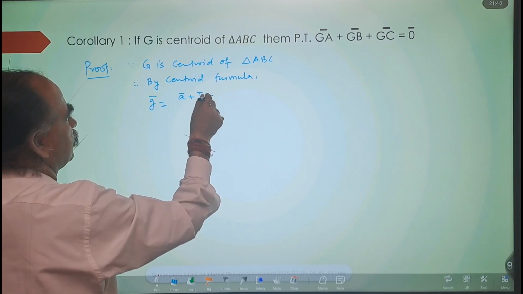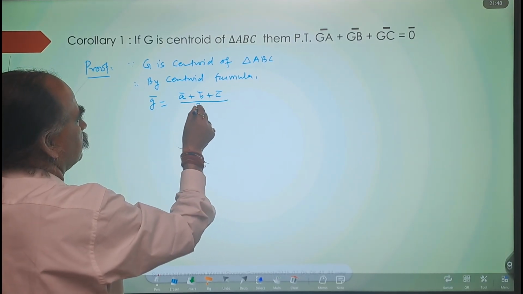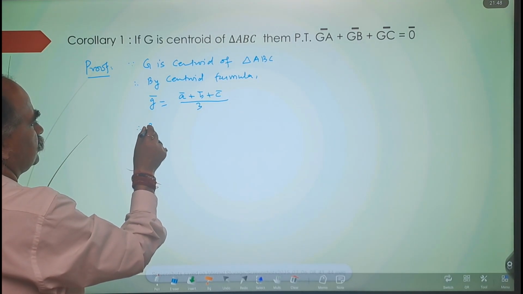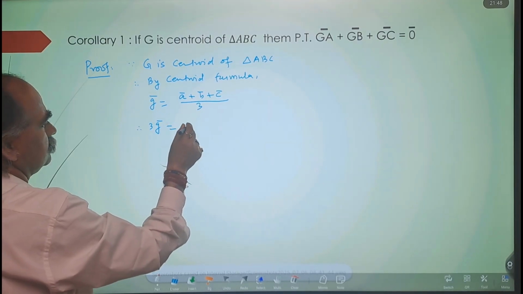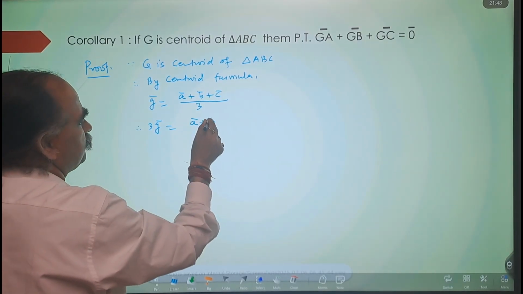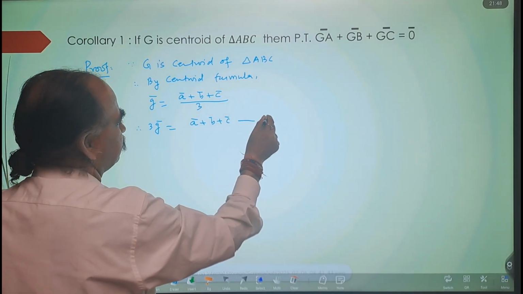A bar plus B bar plus C bar upon 3. So 3G bar is what? A bar plus B bar plus C bar. Write this as equation number 1.